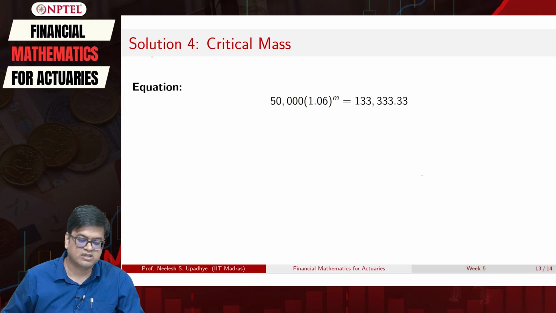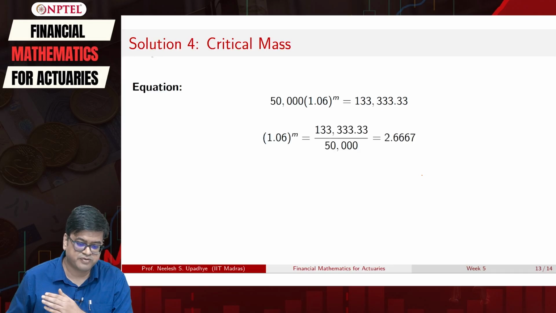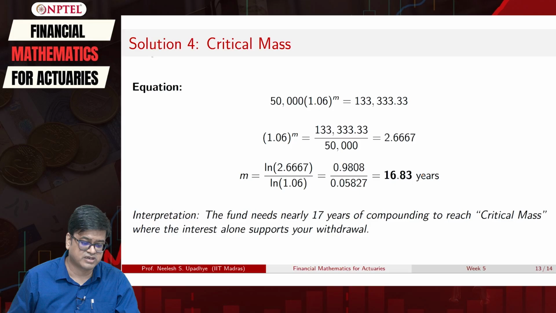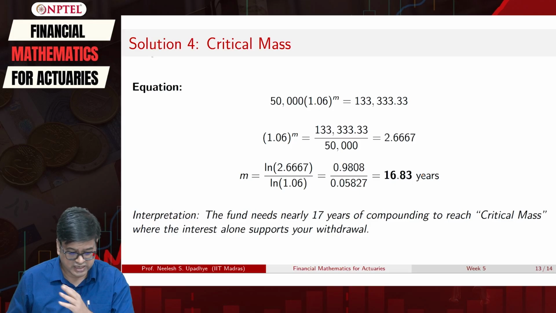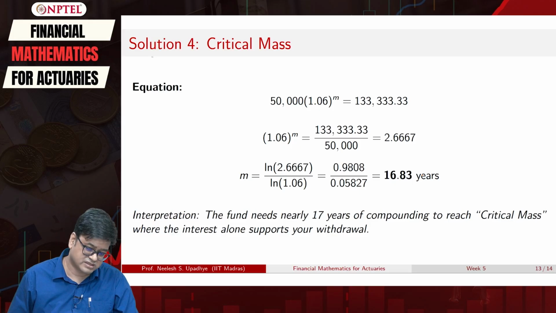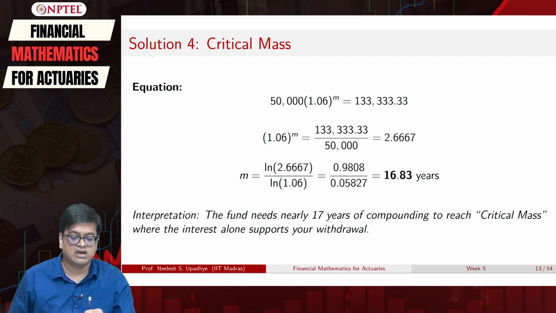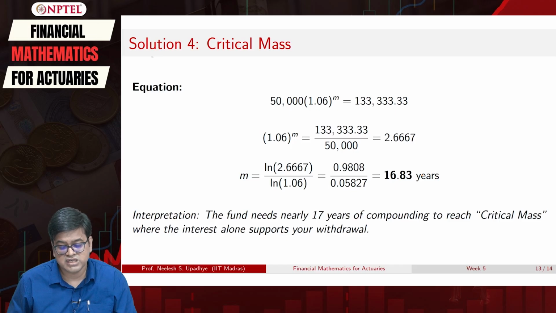So you do all the algebra, divide by 50,000, and you get this. Because n is in the exponent, you have to take ln, the natural log. So you get ln of 2.6667 upon ln of 1.06, and that roughly comes out to be 16.83 years.